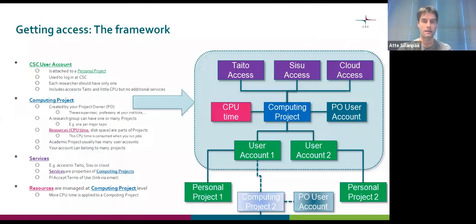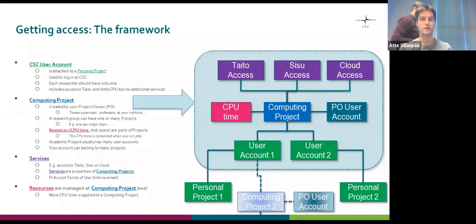And now, as the next step, you can apply for access. For example, access to these purple services, access to Sisu, or access to cloud. And by default, you get 10,000 billing units, which is a way of managing and counting how much resources you have been using.